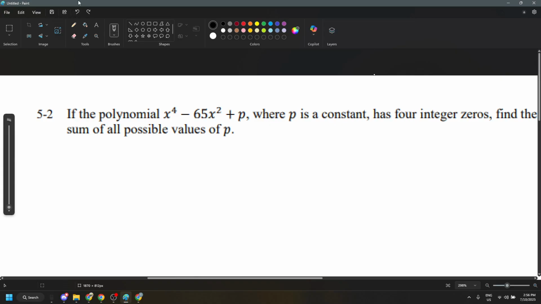No, if it's a quadratic squared, then it doesn't have 4 integer zeros. If it has 4 integer zeros, it means you can multiply to p the factors of p.